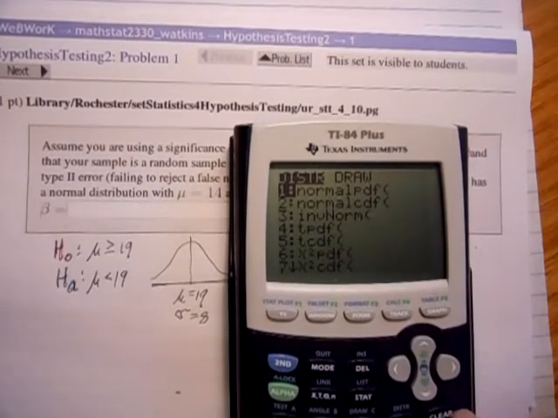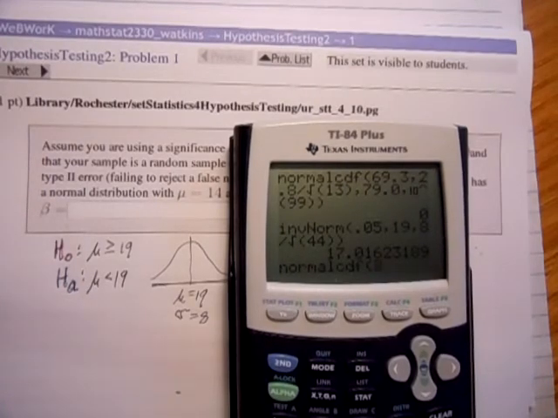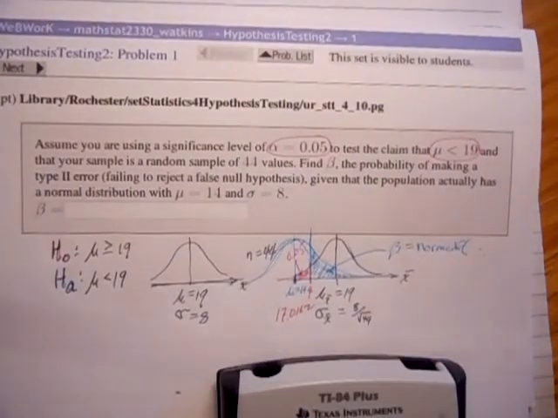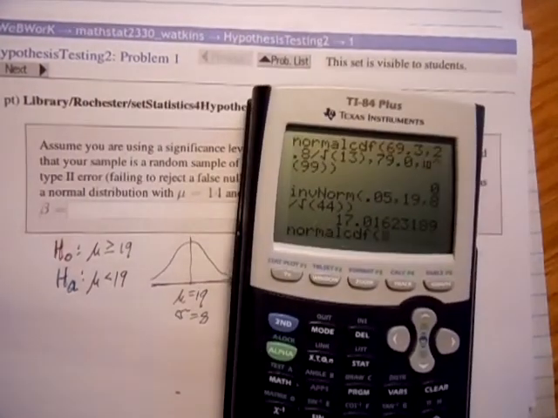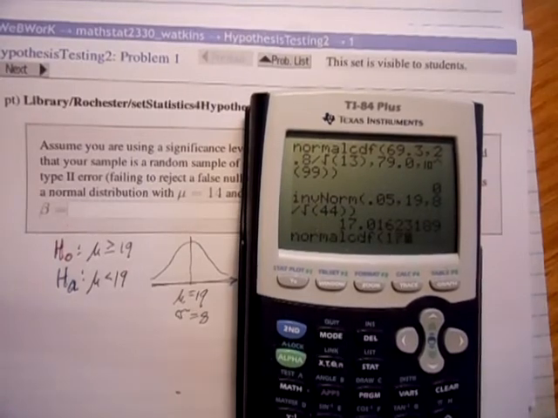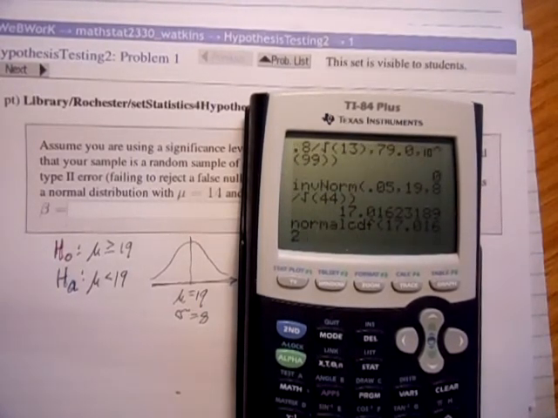Second distribution, the normal cumulative distribution function. I'm interested in going from, remember, it's going to be this value here, 17.0162, comma, up to the end, second EE, 99. That means 10 to the 99th power.